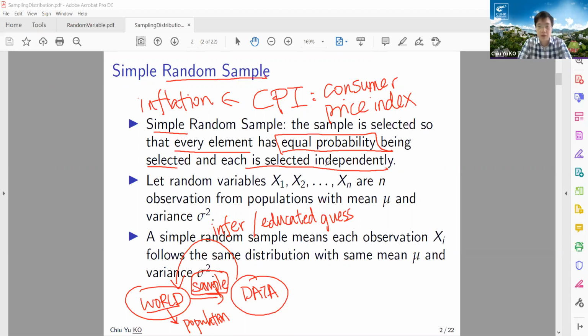But anyway, setting that aside, when we mean a random sample here, this is the definition. Conceptually, this is what we mean by simple random sample.